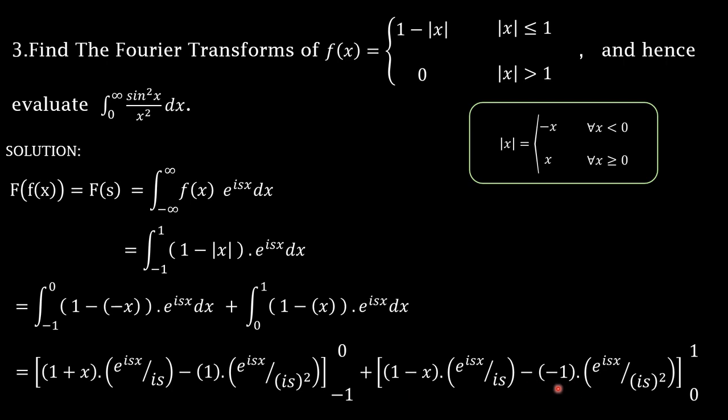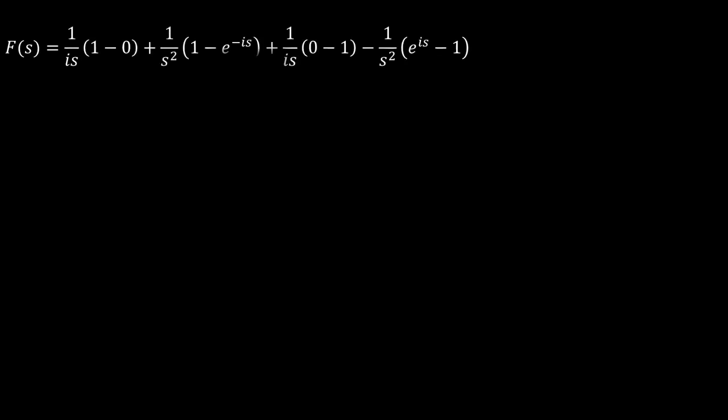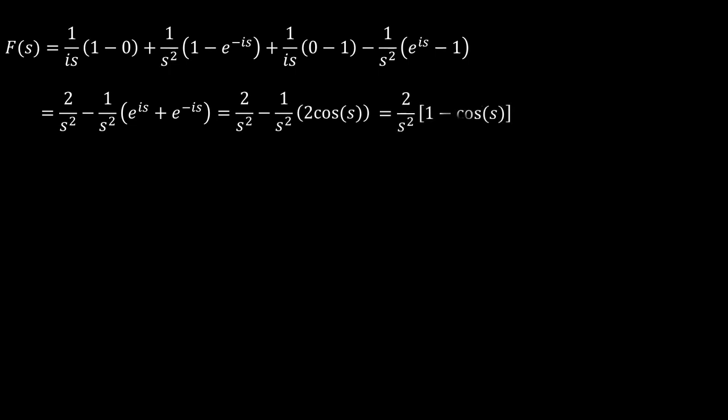The derivative of 1 minus x is minus 1 into integration of second function, which is nothing but e to the power isx divided by is whole square, where the limits of x are varying from 0 to 1. Applying the limits and simplifying the equation, so that the Fourier transform of the function is equal to 4 into sine square s by 2 divided by s square.